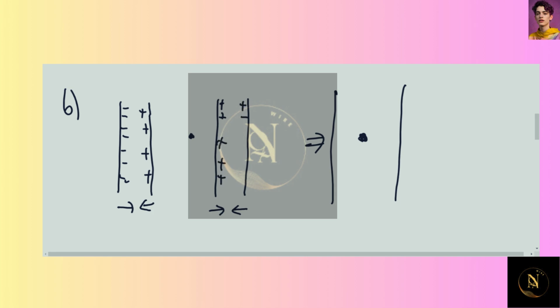So in here, we know that for this one the field is pointing to the left, from this one it is pointing to the right, from this one to the left, and from this one also to the left. That is the electric field that is produced by each of these surfaces.